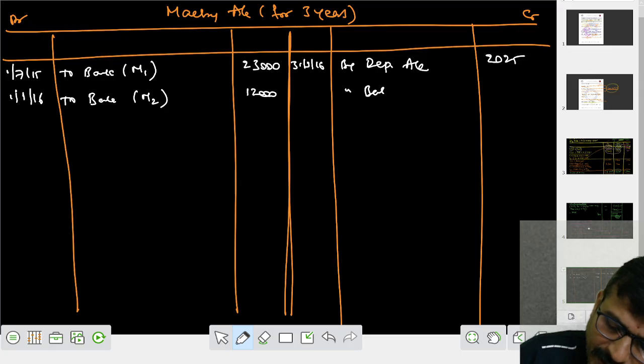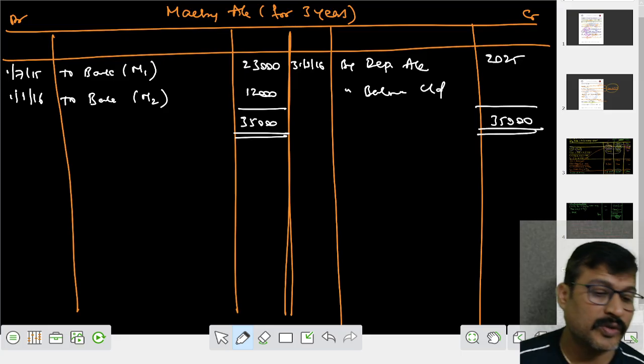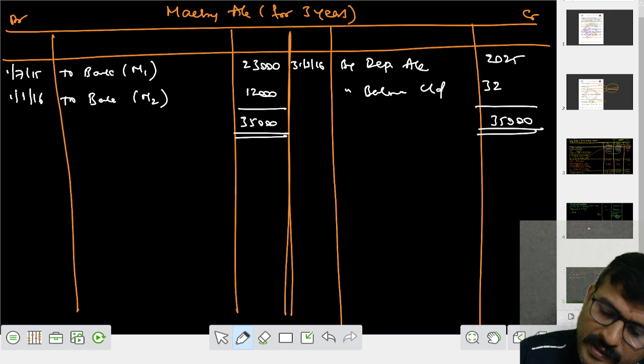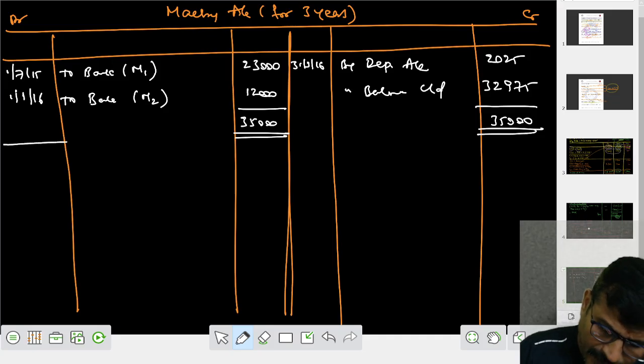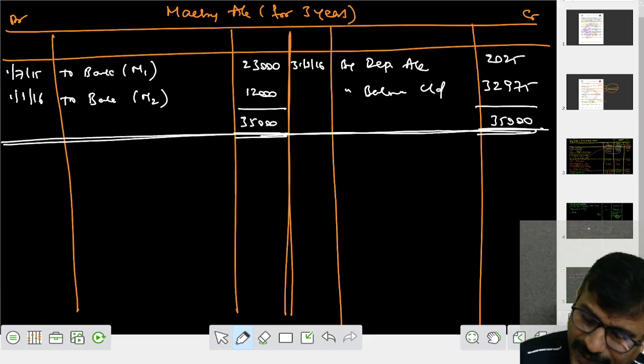Put a dot for the date. By balance carry down. Work out the total, it comes to 35,000. The total comes to 35,000 minus 2025, it comes to rupees 32,975.